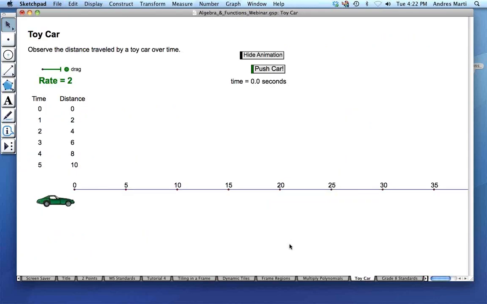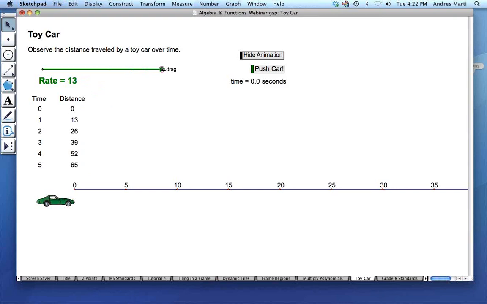All right, so another nice thing here is, again, you're looking at this idea of, if you push a car at a certain speed, how far has it gone over time? That was 2, but now you can change the rate here. And you'll see in this particular model, as I change the rate, the table is updating automatically.